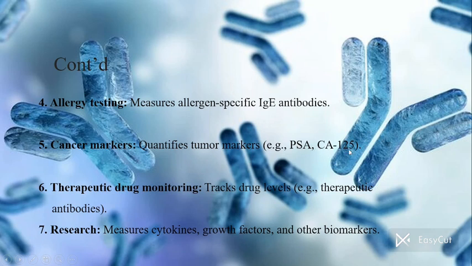Those are tumor markers, and ELISA detects and quantifies them. The next application is therapeutic drug monitoring, where ELISA tracks drug levels, such as those of drugs which contain therapeutic antibodies.